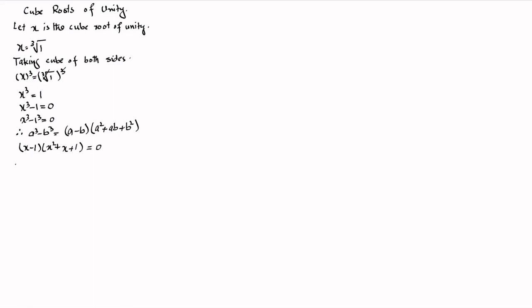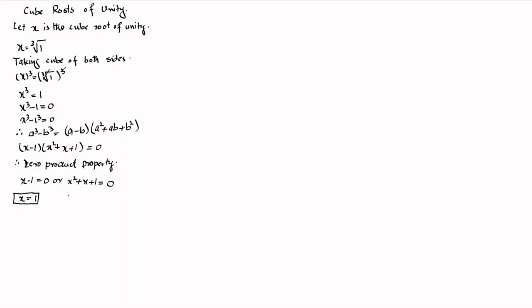Now according to the zero product property, we can write that x minus 1 is equal to 0, or x square plus x plus 1 is equal to 0. Now from x minus 1 we can write that x is equal to 1. This is one root of the cube root of unity, and for the other roots we will solve this quadratic equation.